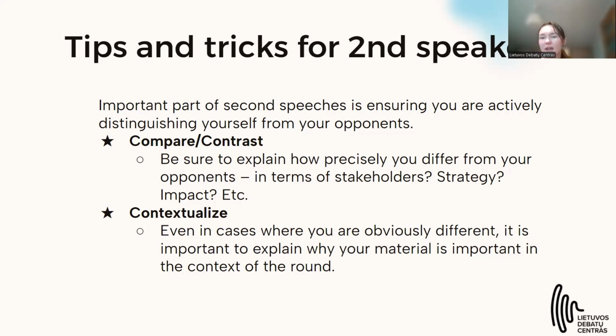You're not contextualizing that information. So be sure that you always prove to the judge that what you're saying is relevant, that it is different from your opponents, and that it impacts more people, that its impacts are bigger. Simply prove that you are the one who has the upper hand in the debate.